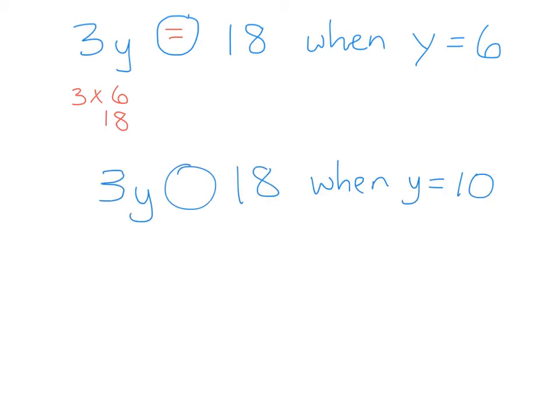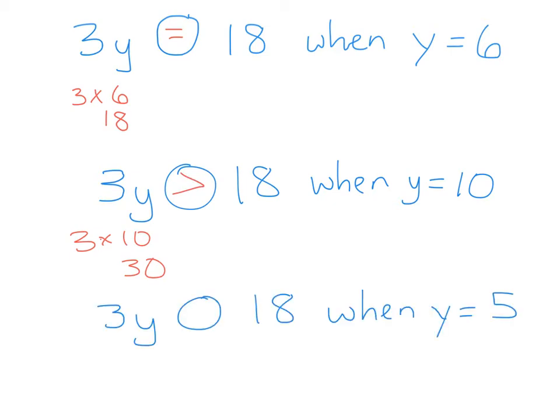What about the same expression, but when y equals 10? Well, substituting 10 for y gives me 3 times 10, which is 30, and 30 is greater than 18. And finally, when y equals 5, 3 times 5 is 15, so 15 is less than 18.